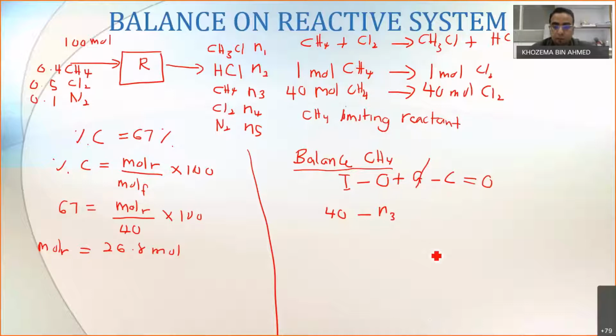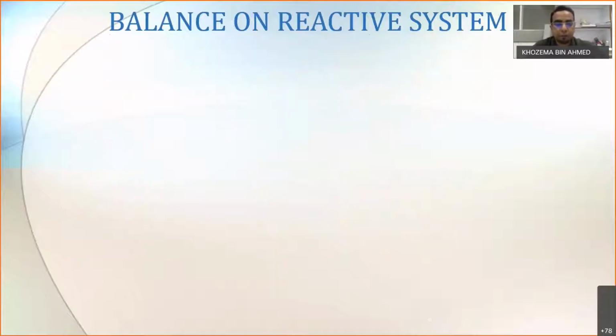We can cancel out the generation term, and we also definitely have a consumption term because this is the amount of mole of methane reacted or consumed. So we have the value of 26.8, is equal to 0. And we can solve this equation. We get our value of N3 is equal to 13.2 mole. Okay, so this is the first balance, on methane.